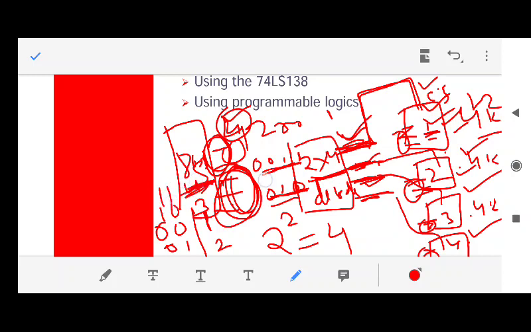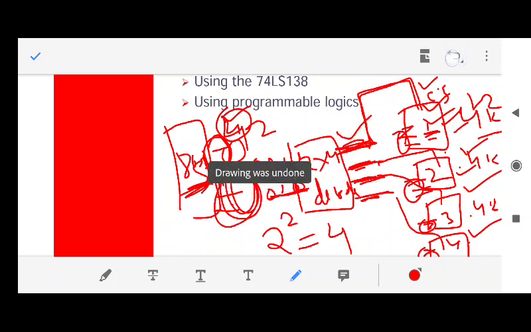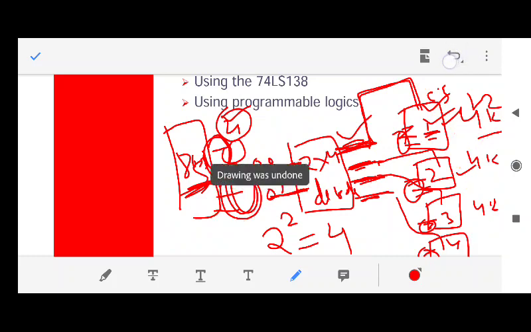So depending upon the input which is coming to the decoder, the lines will be activated, and that will select the particular chip. I hope this is now more clear to you. Fine. So we will do n number of such examples. If for any students it is yet not clear, it will be definitely clear to all.